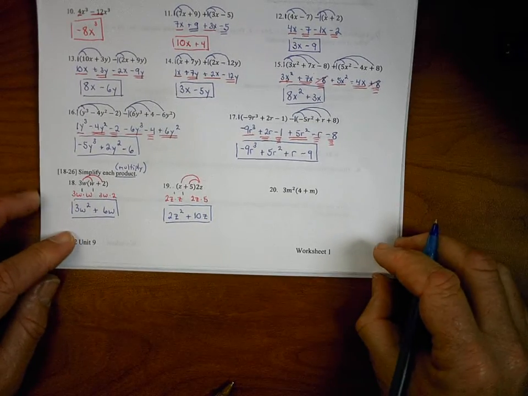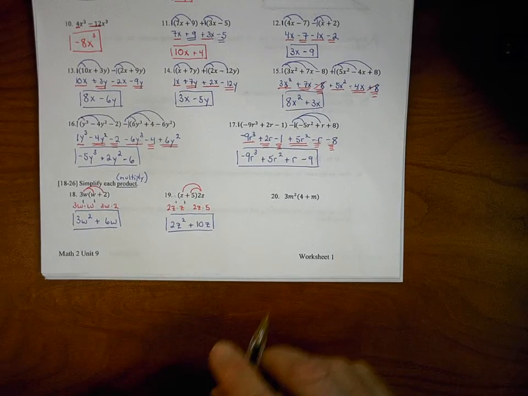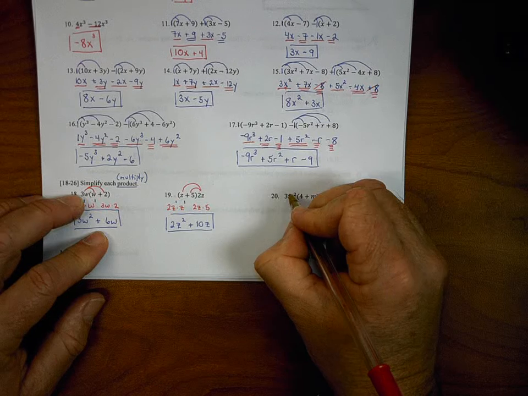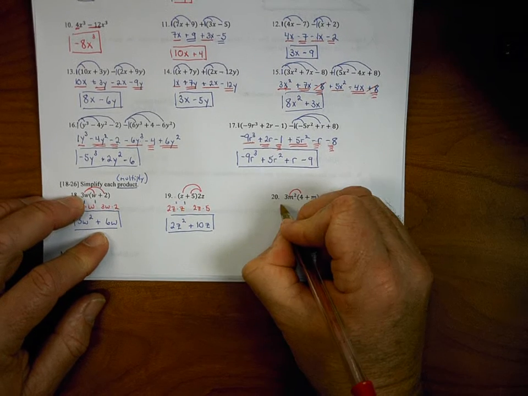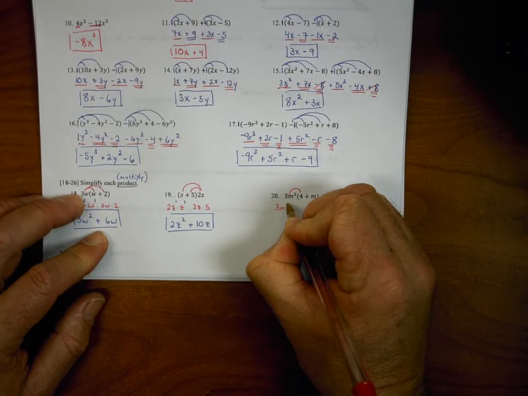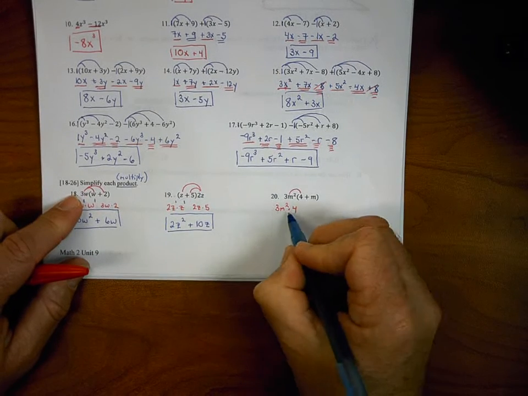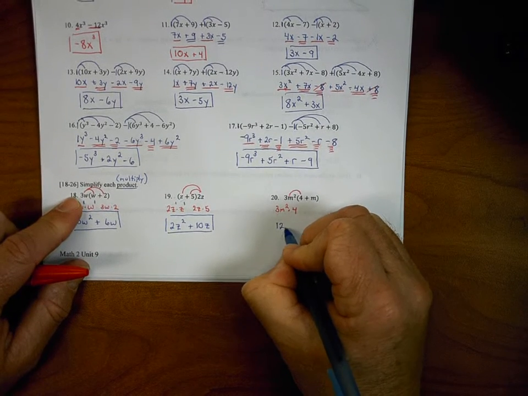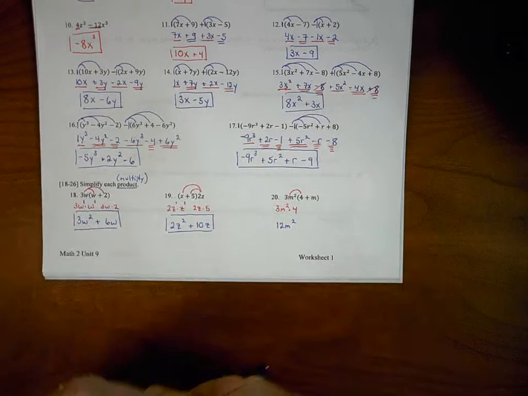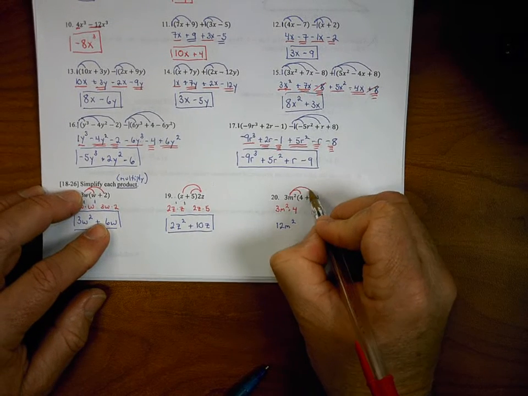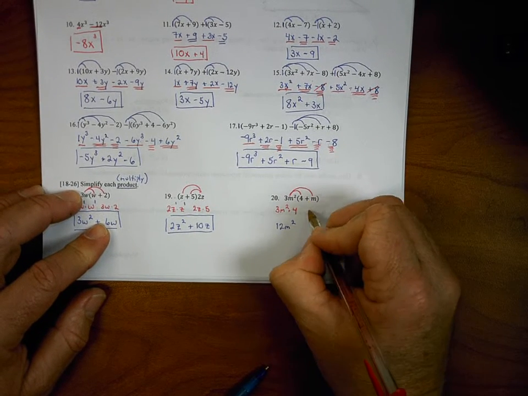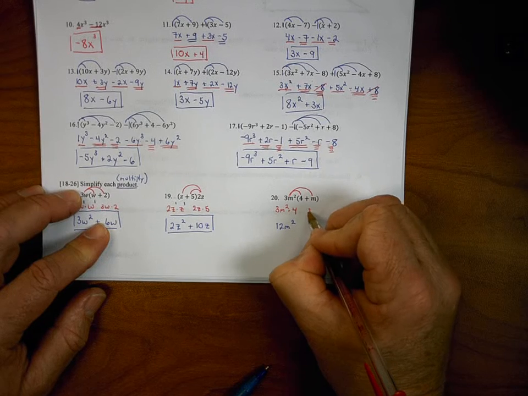Okay. Number 20, I'm going to take the monomial, the outside term, and I'm going to distribute. So we're going to go 3m to the second power. We're going to multiply it by 4. That's going to give me a result of 12m to the second power. And then I have to distribute the 3m to the second power multiplied by the positive m.